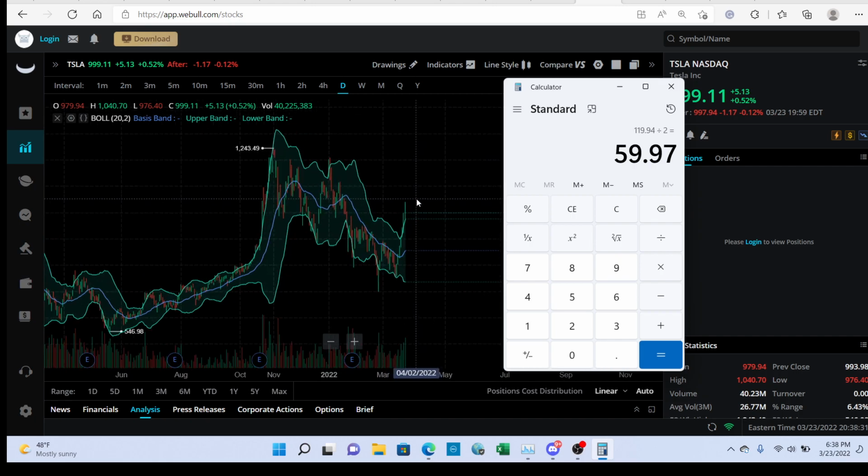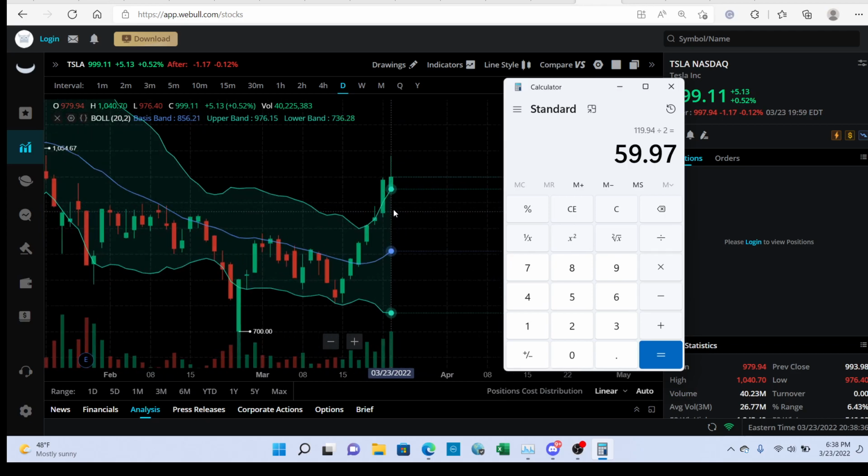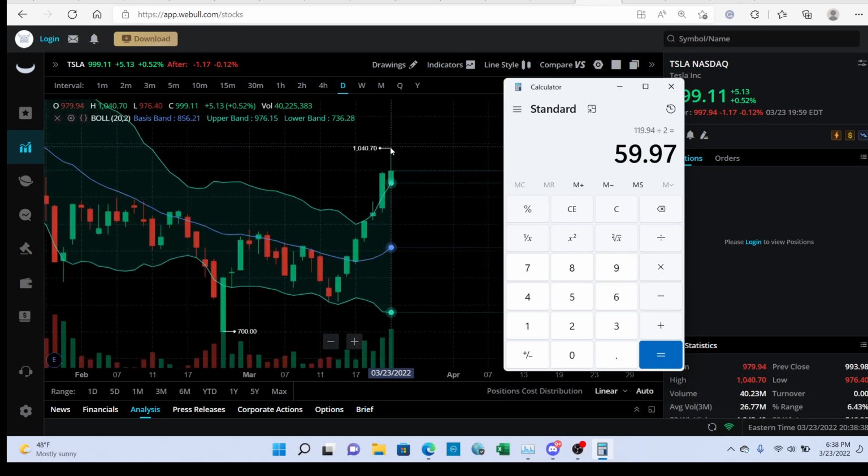So at the highest point, I'm going to zoom in right here. We see that our highest point today was 1,040 and 70 cents. So what we can do here is we could do 1,040.7, and then we could subtract that from our basis band, minus 856.21.